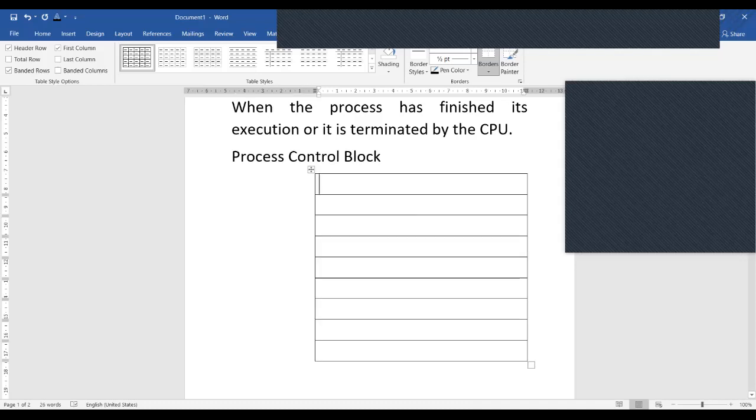Here we will start with process ID. Next field is state. Third is pointer. Priority. Program counter.